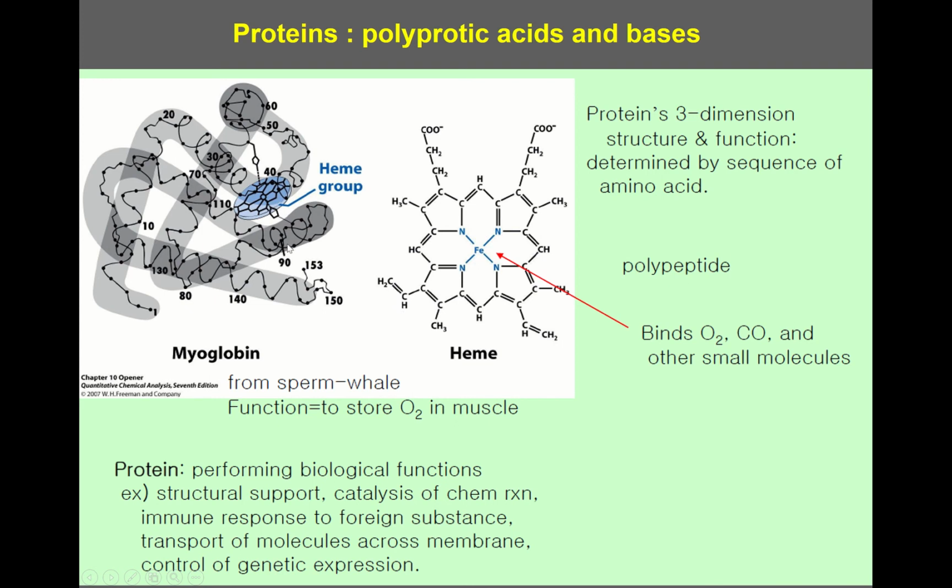The important point in this chapter is that proteins have many amino acids linearly connected, and these amino acids are bases or acids, and at the same time they can act as bases. One more word on this heme: this ion is not a metal ion, but it is divalent or trivalent.